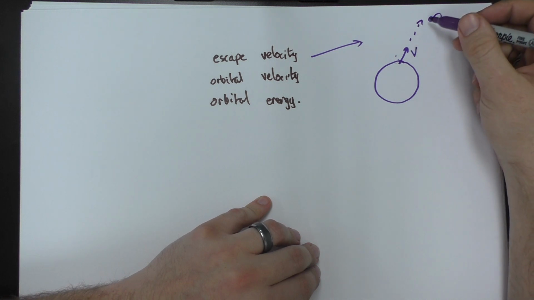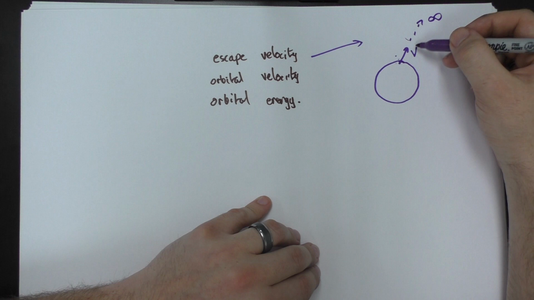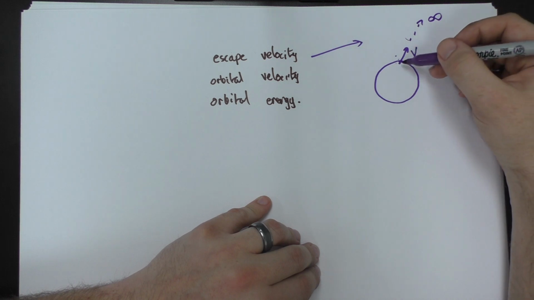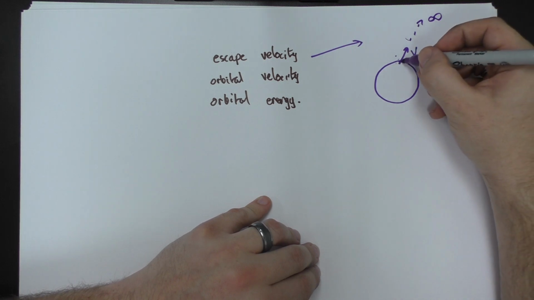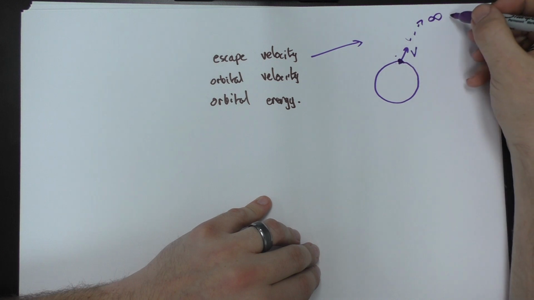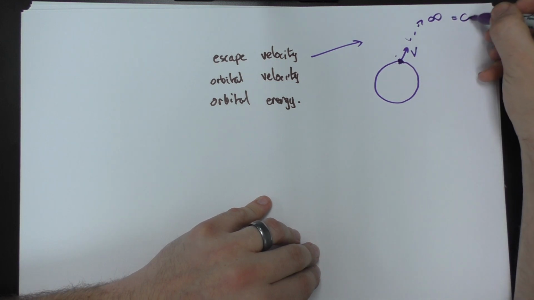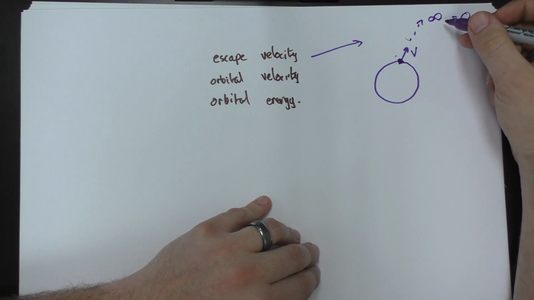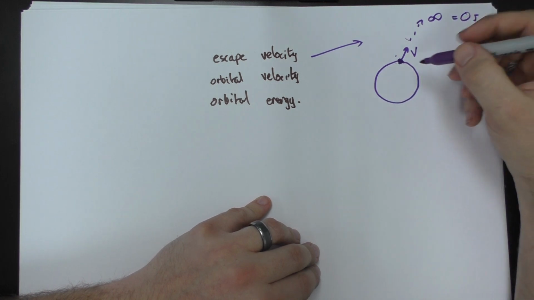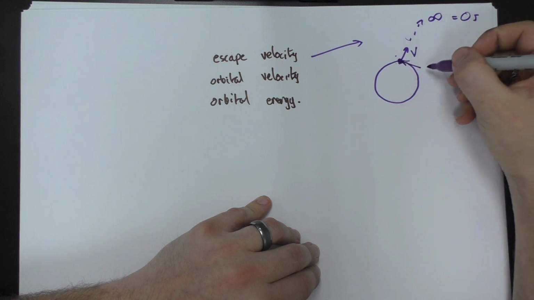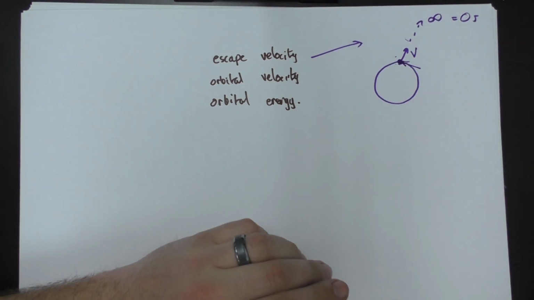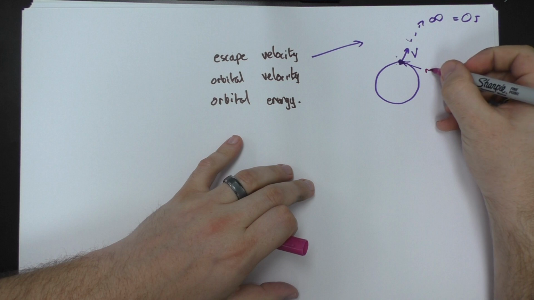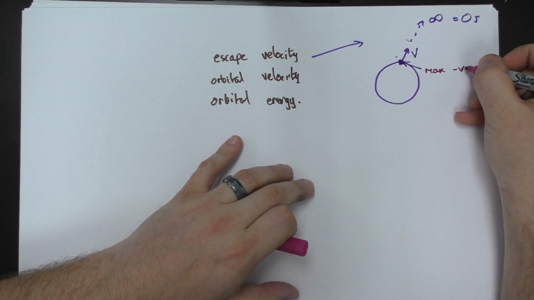And at infinity, well, we've come across this idea before when we've looked at potential. So if we think about potential energy as being at infinity as being 0 joules, because at that point it will be 0 because it's not in the field anymore. And then at this point here on the surface of the Earth, it's going to have a maximum negative value.